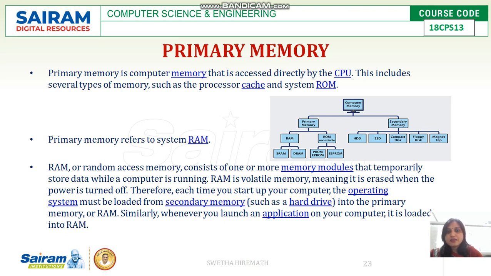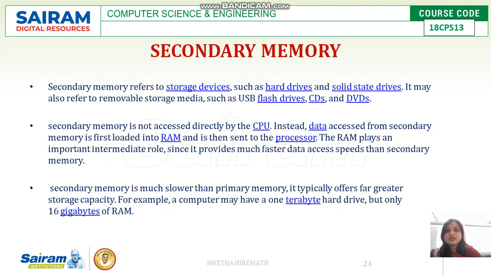Whereas the secondary memory consists of flash drives, USB, CDs, DVDs, where the capacity of storage is more, the size will be more, and the cost will be less when compared with the primary memory. We cannot directly access the data stored in secondary memory.